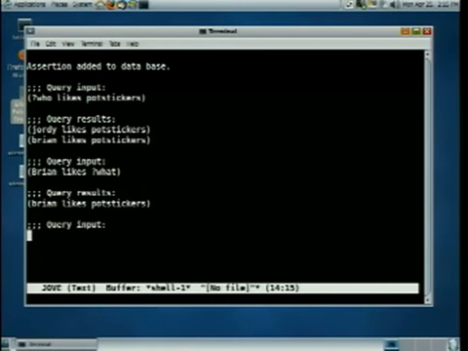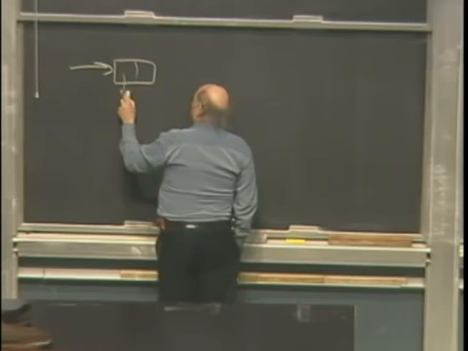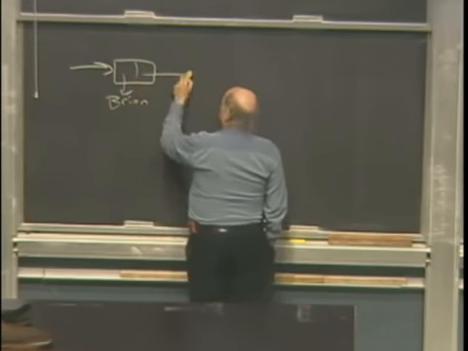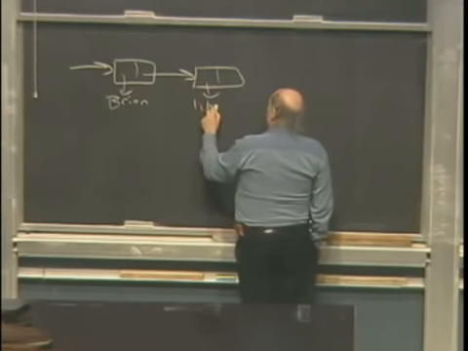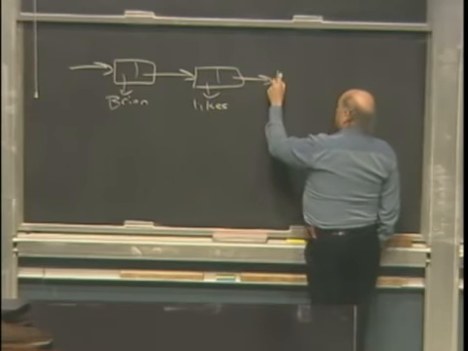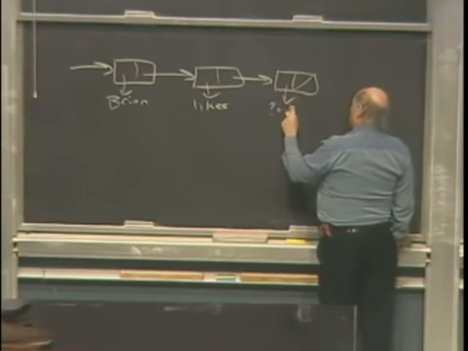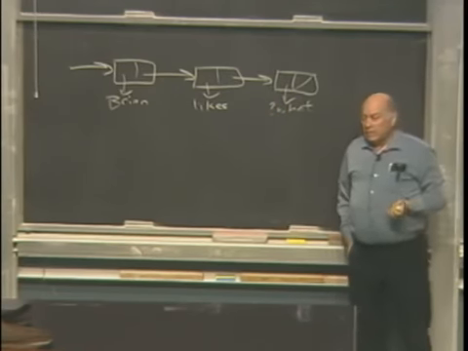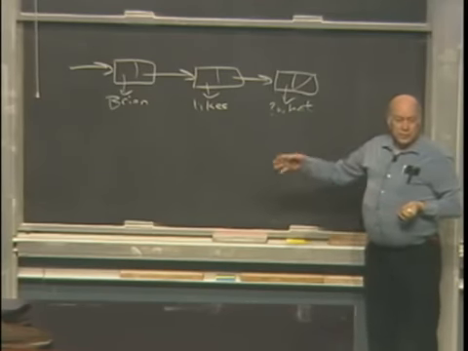So if I ask the question, Brian likes what? The way pattern matching works is for a list, you match the cars and you match the cdrs.